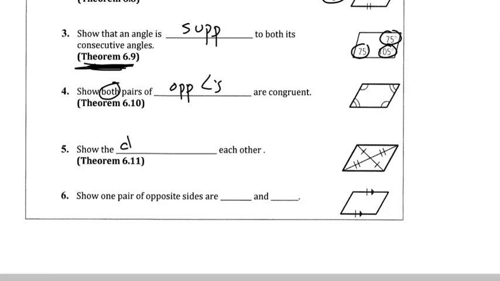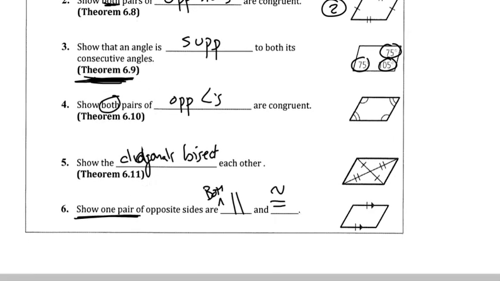Show the diagonals bisect each other. And then the last one is show one pair of opposite sides are both parallel and congruent. If you show any of those, then it must be a parallelogram.